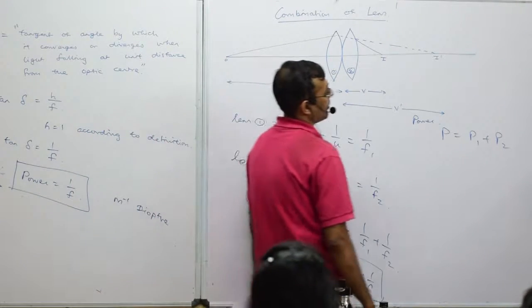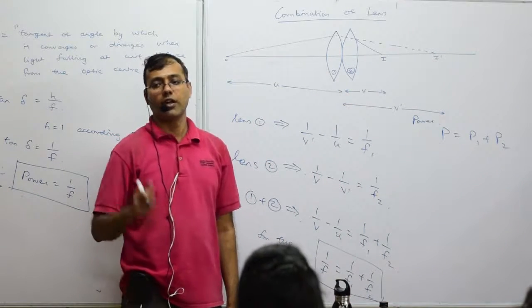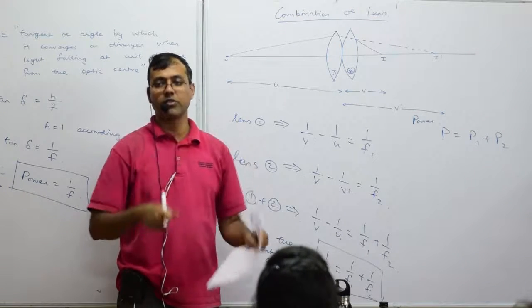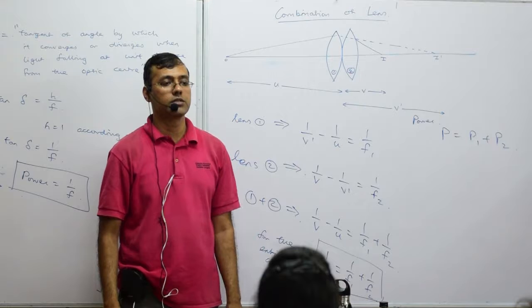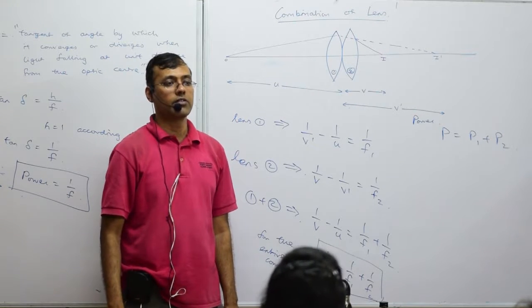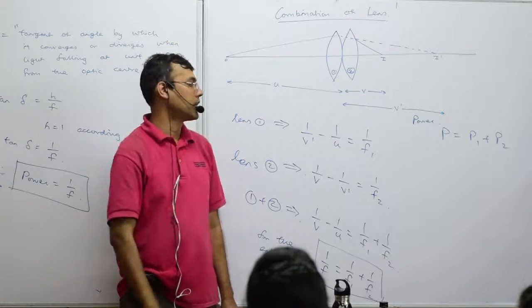However, what will happen to the magnification if I have 2 lenses? Instead of 1 magnifying lens, if I put 2 lenses, what do you think will happen to the magnification? It will increase, right? So it's something like a multiplication. Magnification is something like multiplication.